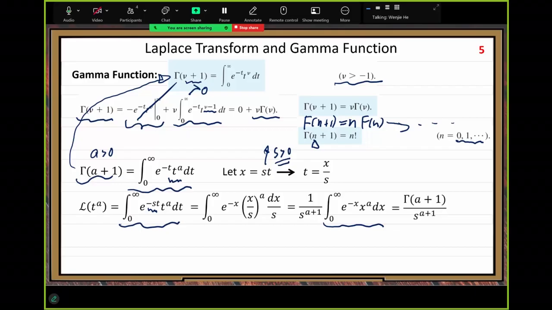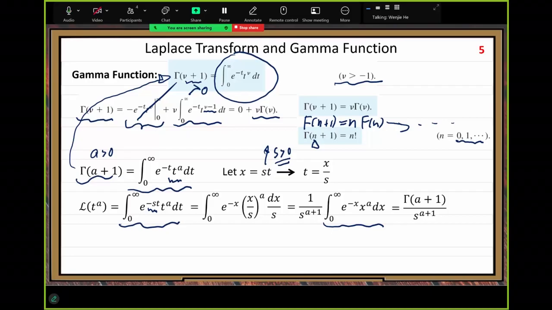Then you can write the formula: gamma of a plus 1 over s to the a plus 1. The gamma function can be calculated. Although it's hard to give an explicit formula for the gamma function, we can use a computer to calculate it numerically, because it's an integral.